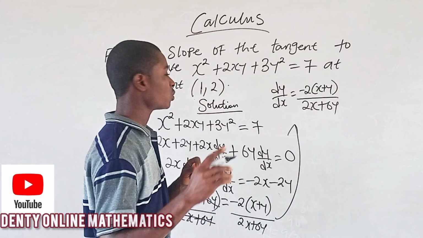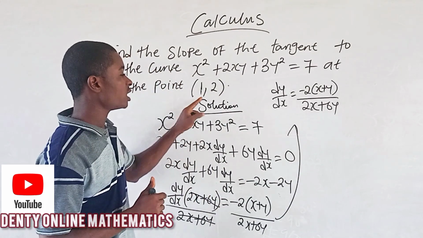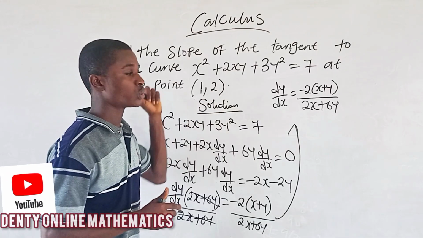Now it doesn't end here because we are asked to find the slope at the point (1, 2). x is 1, y is 2. So we substitute in.